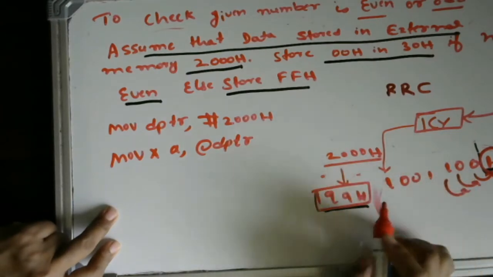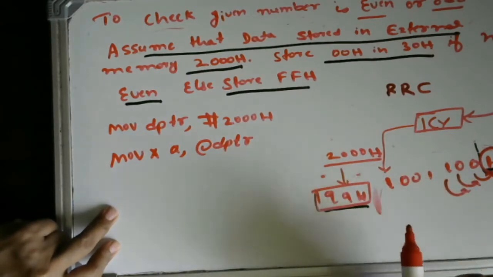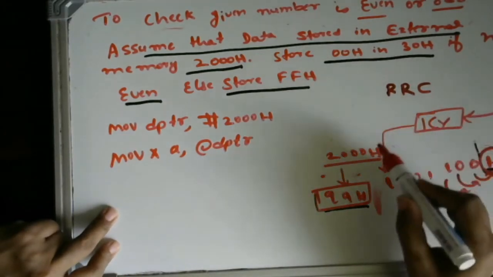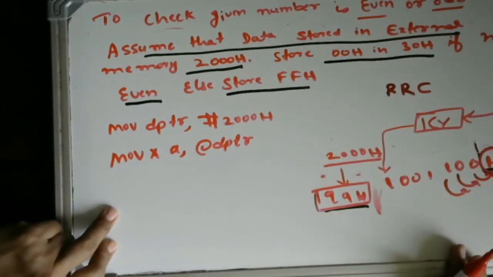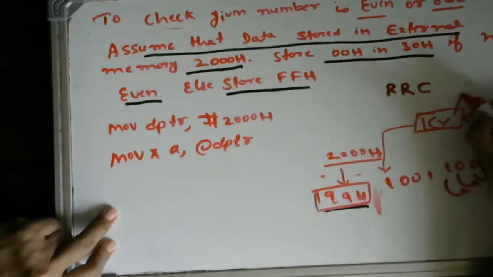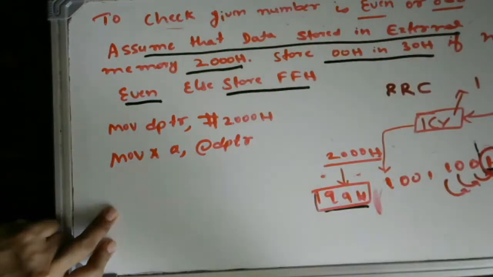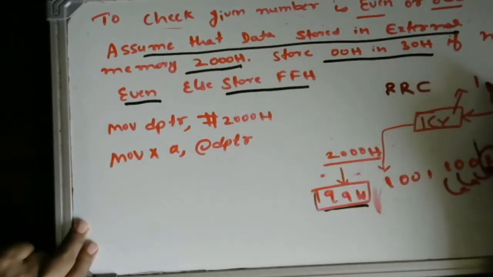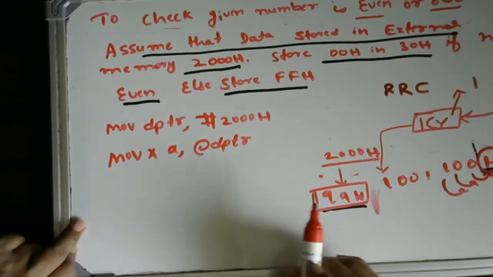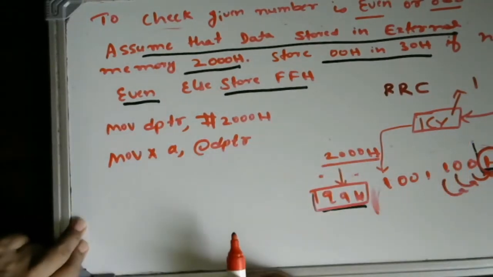So the RRC instruction shifts the bits one position to the right, but through the carry. When this instruction is executed, the carry flag will have 1, and we have an 8051 instruction which can check the carry flag.